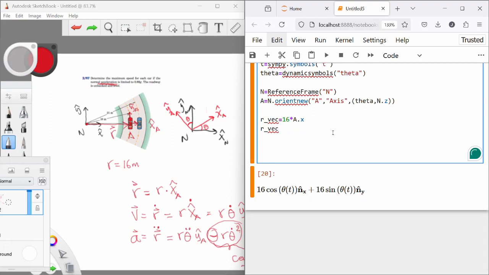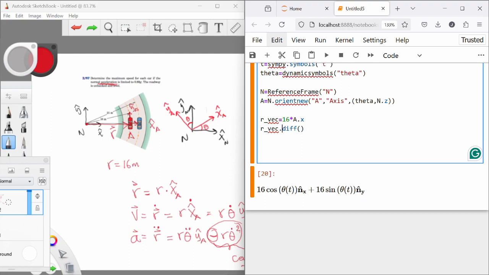But we want to compute the derivative of the vector, so we can use diff. This diff is different from a scalar diff because we are differentiating a vector, and we differentiate a vector with respect to a frame.